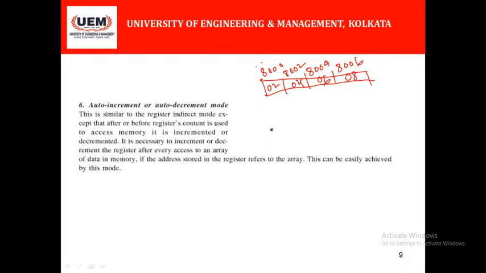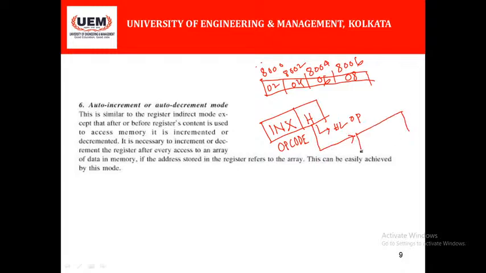Now we write the instruction, say INX H. Here INX is our opcode and H represents the HL register pair. We directly go to the HL register pair. The value of HL is initially, suppose, 8000.